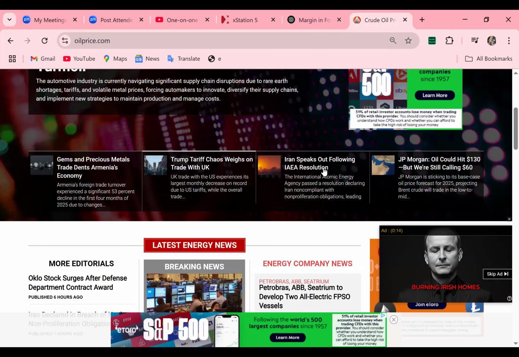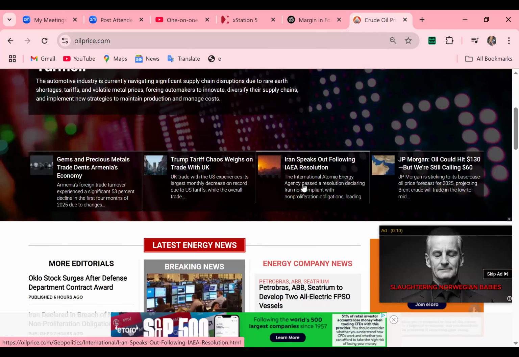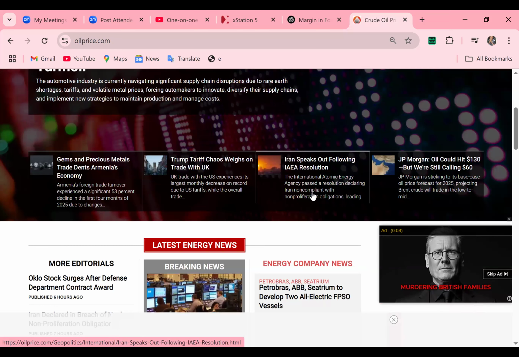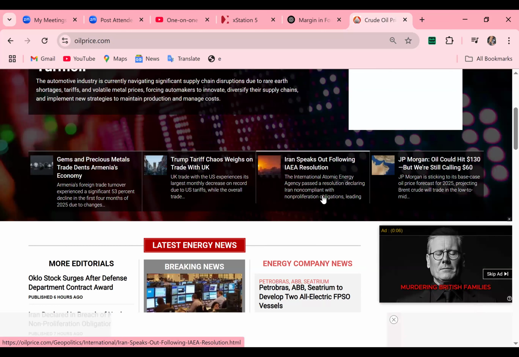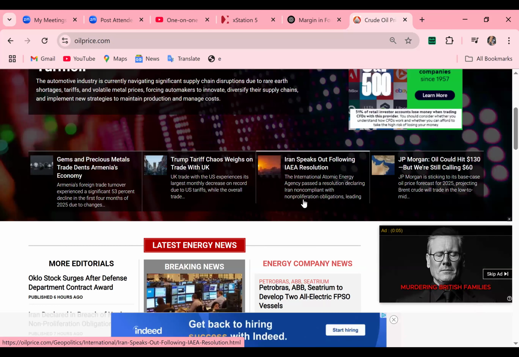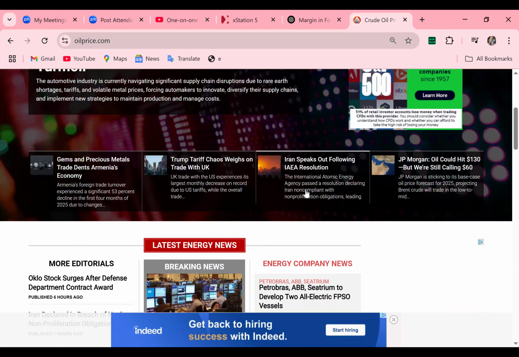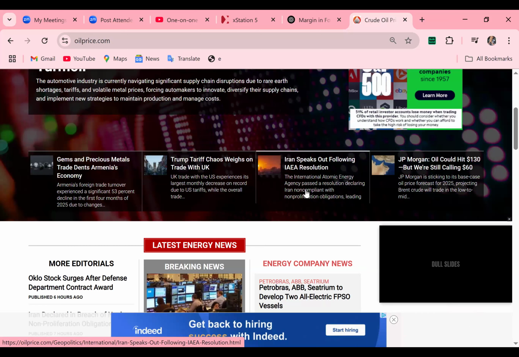So this is Iran speaking out following the IAEA resolution. The International Atomic Energy Agency passed a resolution declaring Iran non-compliant. So they're not complying with it, and they want to go into their project. All this is what we look out for in investing more in oil.